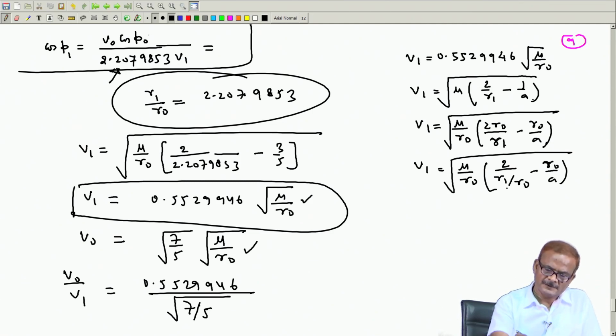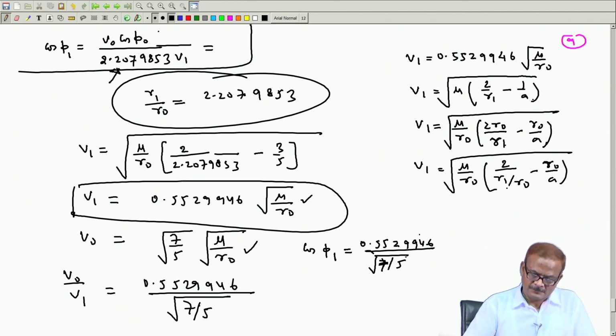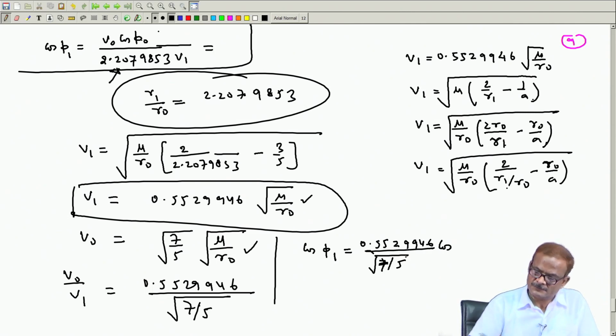Once we get this and insert it here, we get cos phi 1 equal to 0.5529946 divided by under root 7 by 5, times cos phi 0. Phi 0 was 20 degrees.